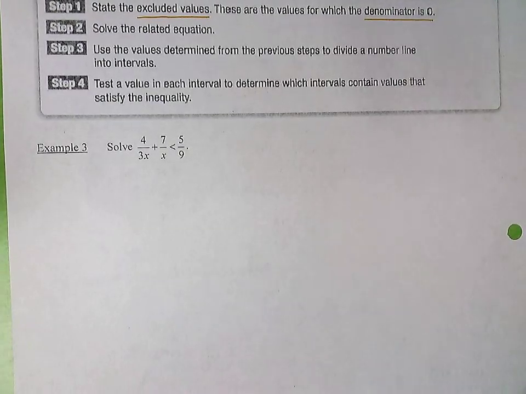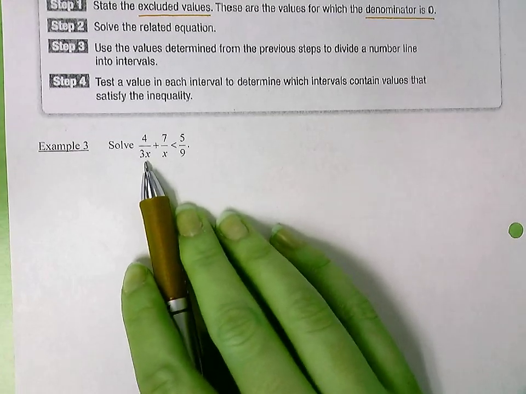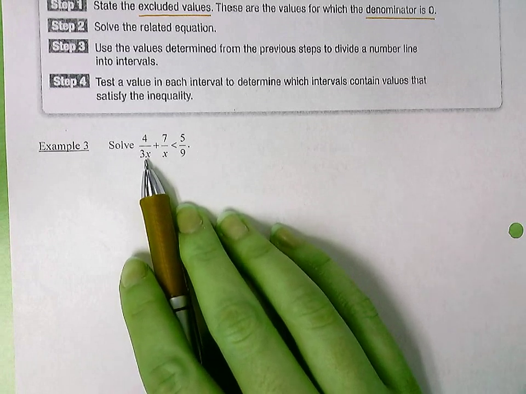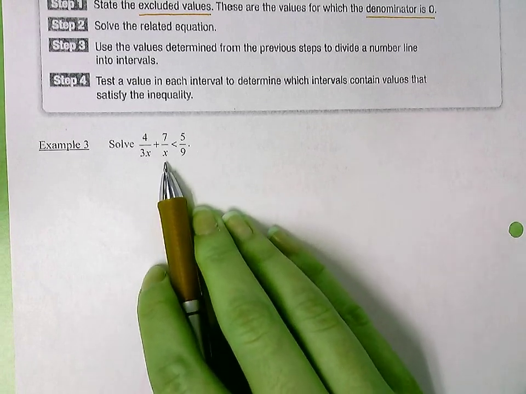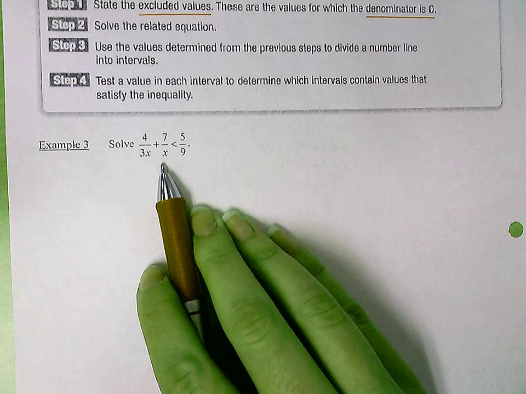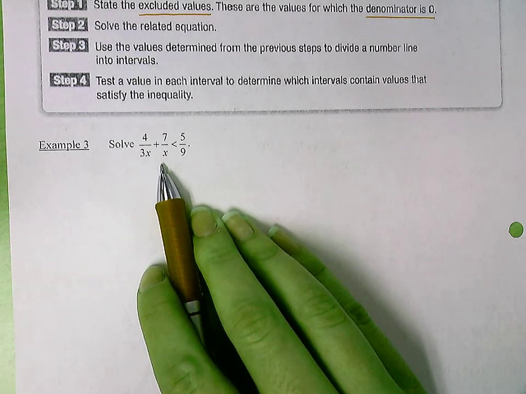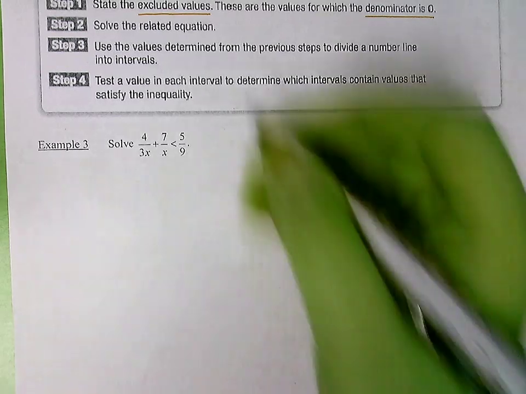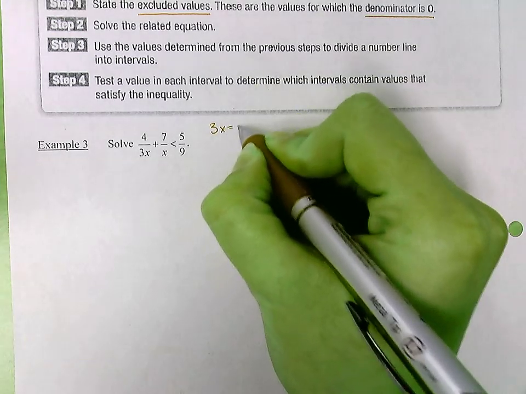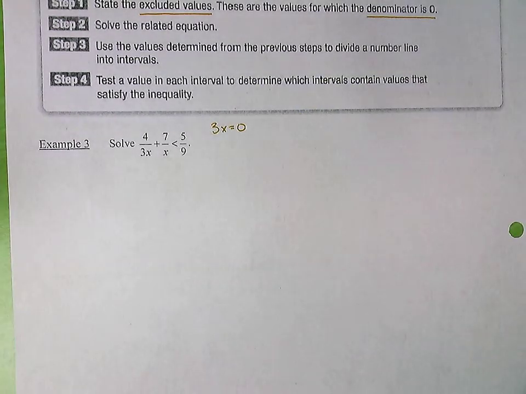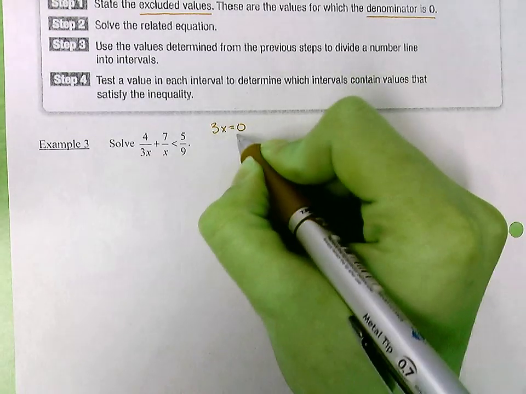So our first step is to find the excluded values. So where your denominator would be equal to 0. So I have a variable in this first one and this second one. When would that equal 0? So if I say 3x equals 0, divide by 3.